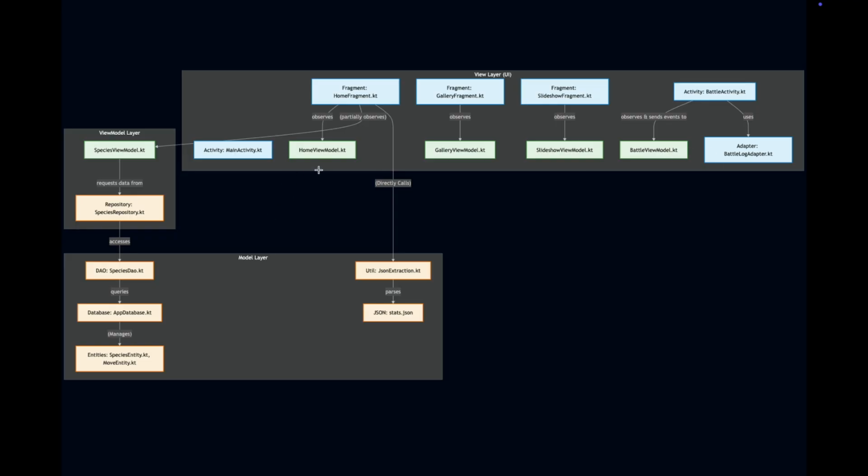The gallery and the slideshow fragments are still not implemented fully. The species view model is responsible for retrieving information from the species repository, which accesses the species DAO, which then queries the database for the information about the different Geomon.